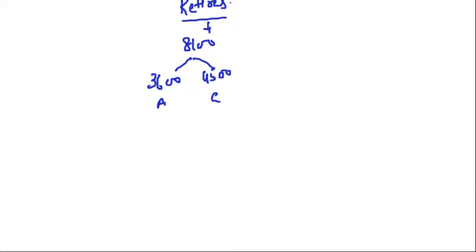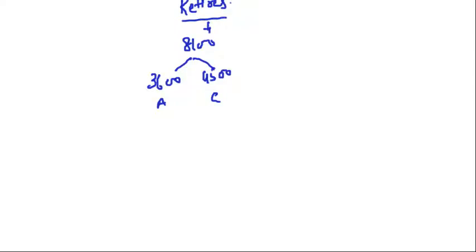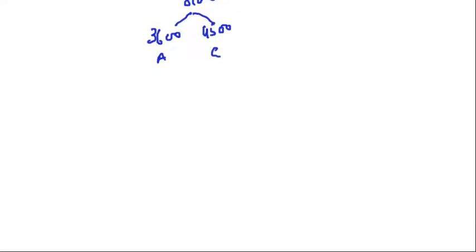The question says that the required amount is being brought by A and C. That means A and C will bring the cash into the business first, and then that cash will be paid to B. But first of all, what will be the journal entry?